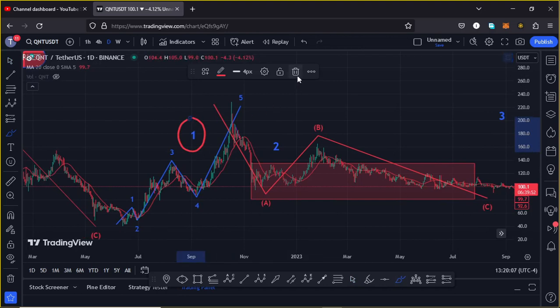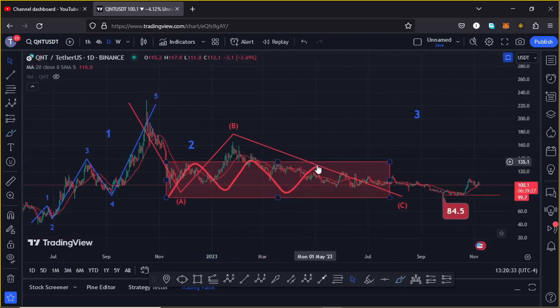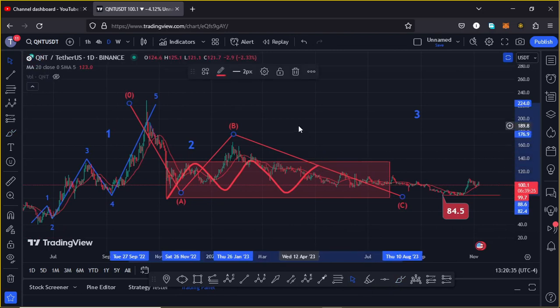After that first wave, we started a corrective structure in the formation of a larger Elliott wave count 2 into the minimum target areas for the second wave, highlighted on the charts using this red target area, which is an area that we have now fully maximized, and there are high chances that we bottomed out in the formation of that wave 2 in the low that we managed to get at around the $84.5 mark.